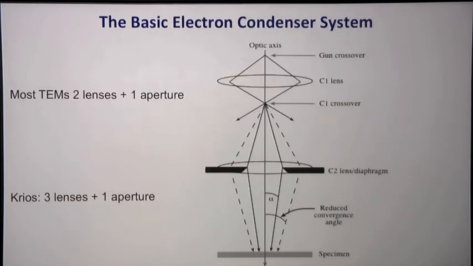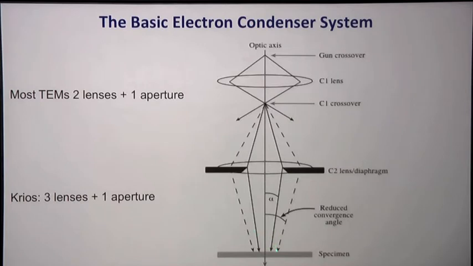In the condenser system, in most regular electron microscopes, we have two lenses, C1 and C2, and we mainly use an aperture on C2. The whole point is to take the source that we made up here, focus it down into a crossover, and then refocus it onto the sample. In a two-lens condenser system, we use an aperture on the C2 lens to limit the range of angles that come down on our sample.